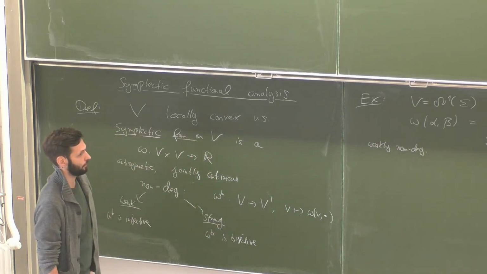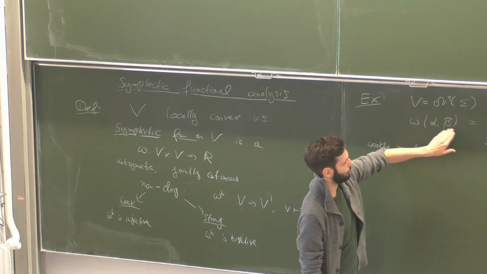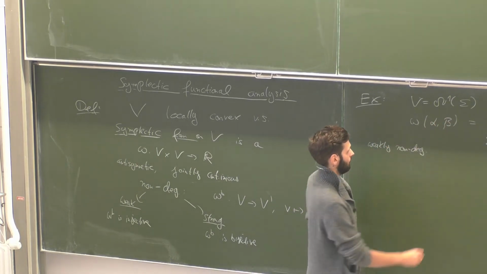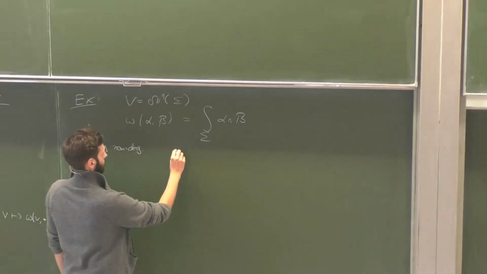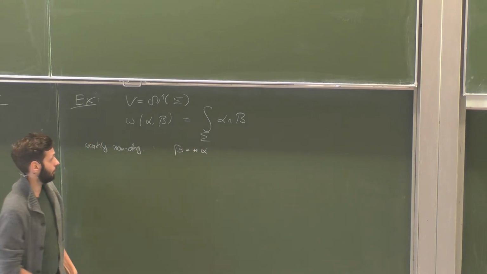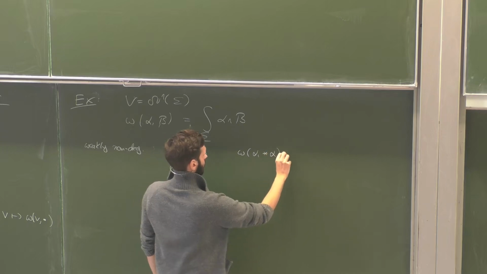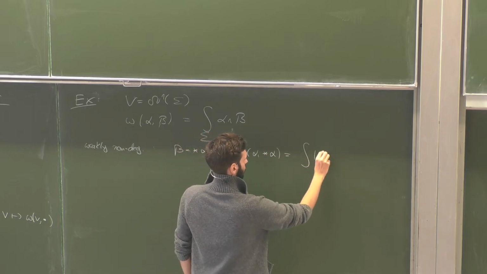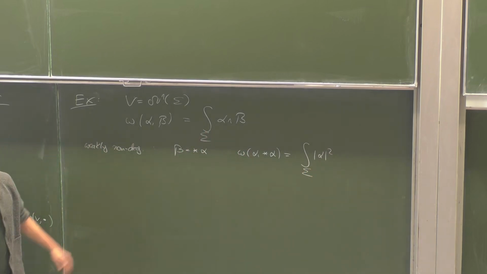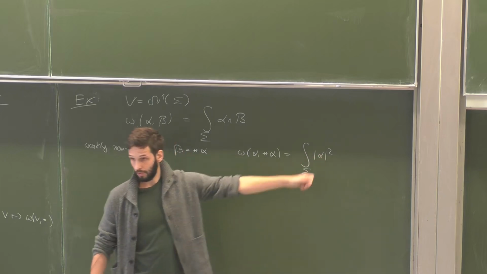What that means is that if for all betas you always get 0, then alpha has to be 0 as well. To see that, we can just take beta to be the Hodge dual of alpha, in which case we get omega of alpha, star alpha, which is then the norm of alpha squared over the surface. And so we see that if that's 0, then alpha has to be 0.